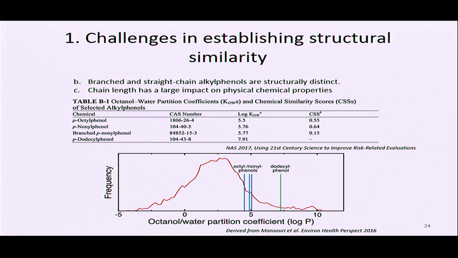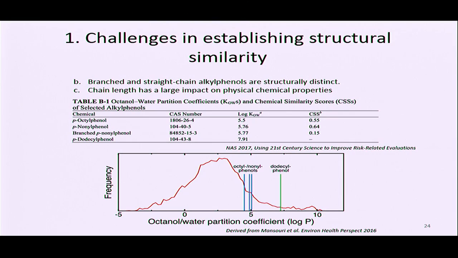So as I was saying, I was making the argument that the chemical properties and the toxicological properties are going to vary substantially based on chain length, based on composition. We do have some evidence of that. These are properties that were tabulated in the recent NAS report that Lisa was talking about.